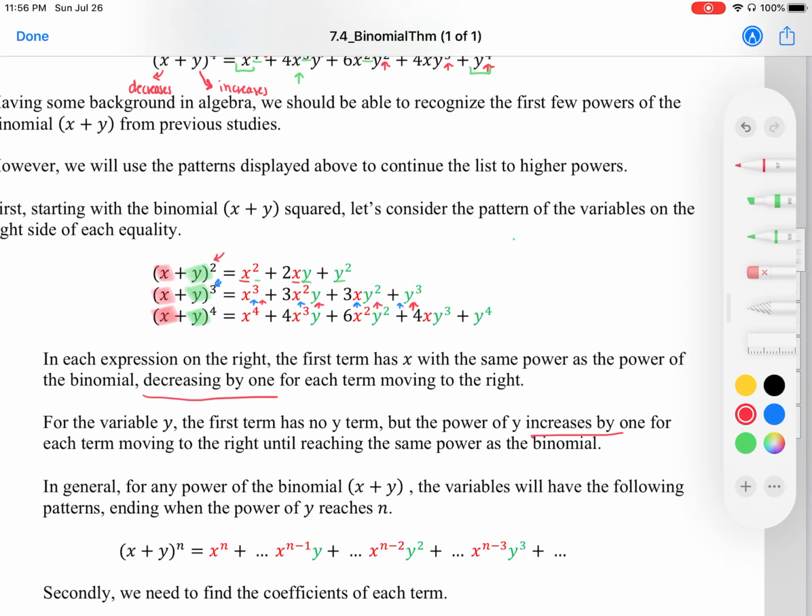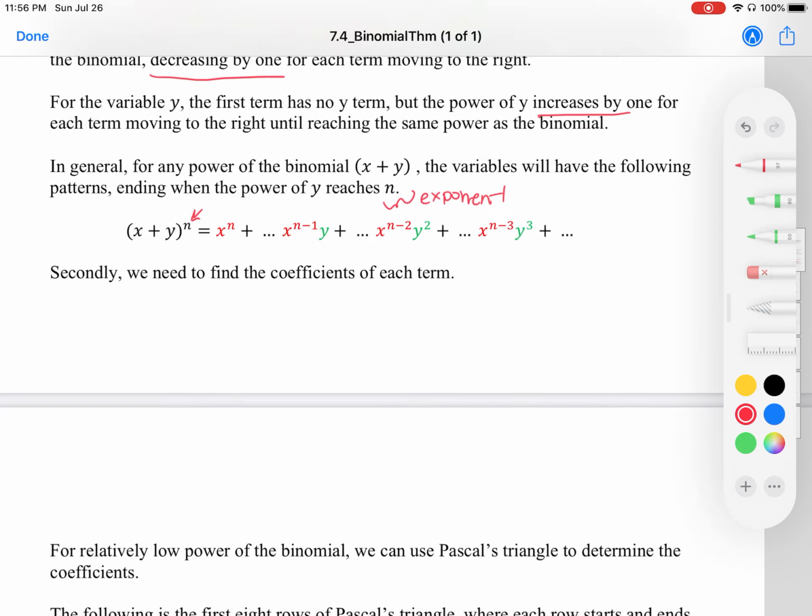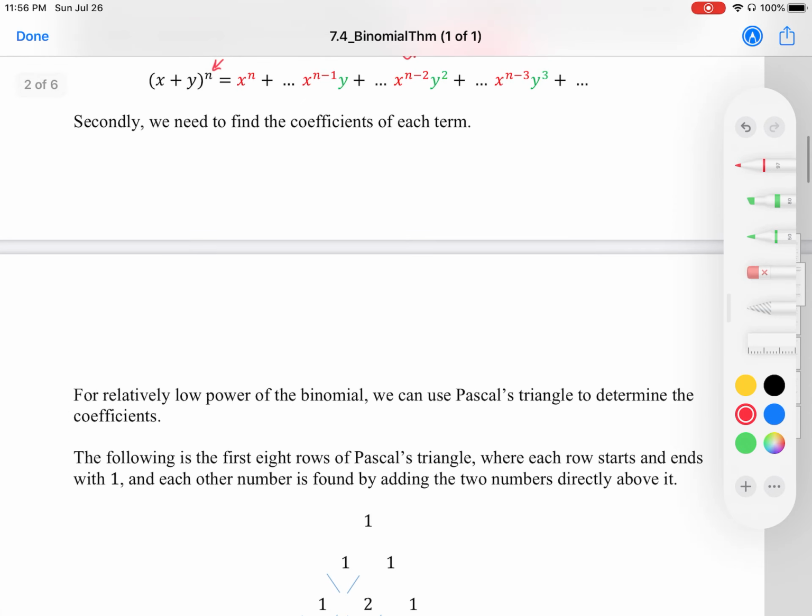In general, for each of the following x plus y, the variables will have the following patterns, ending when the power of y reaches n, meaning whatever exponent you have. So that's our exponent. We'll know when that second number, going up by 1, reaches its ending, or the value of the exponent.